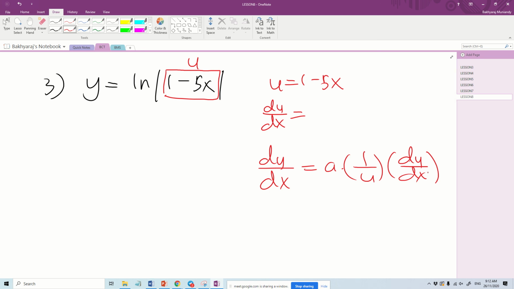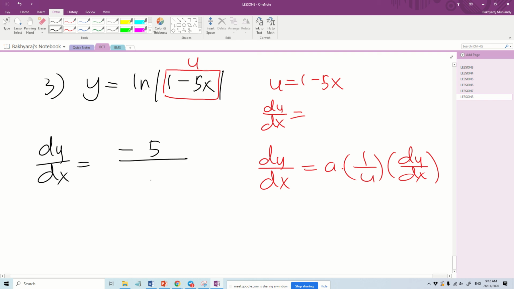Okay, can anyone give me the last answer? Jawapan last year. dy dx equal negative 5 over 1 minus 5x. Yes, correct. Betul. Ini dah answer dia.